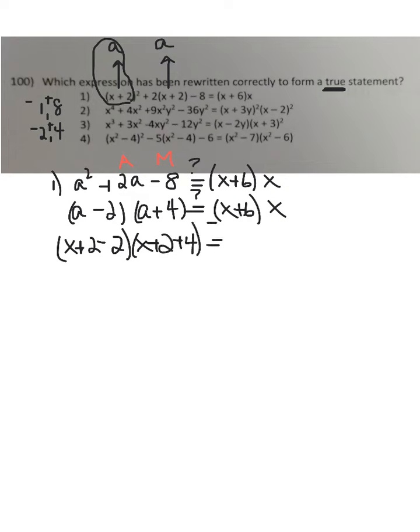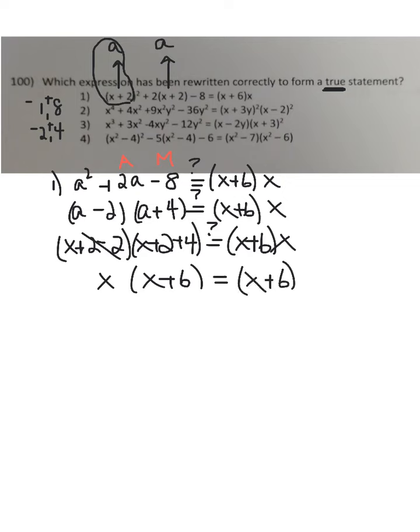Again, I want to see if that will equal x plus 6 times x. The first parentheses cancel out, so I just have an x, and here I have x plus 6. Look at that. It does equal the right-hand side. So your answer is choice 1.